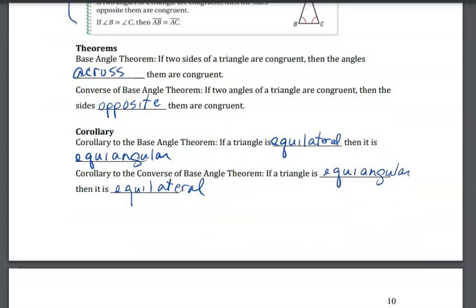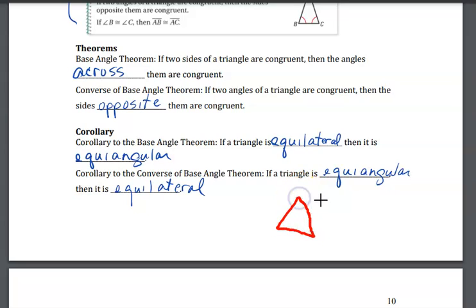And here's some corollaries. If a triangle is equilateral, then it is equiangular. The corollary to that is if a triangle is equiangular, then it's also equilateral. So let's think about that. I can't really draw anything here, I don't believe. I mean, maybe I should give this a try. Let's see, can I draw a triangle? Oh, I can.